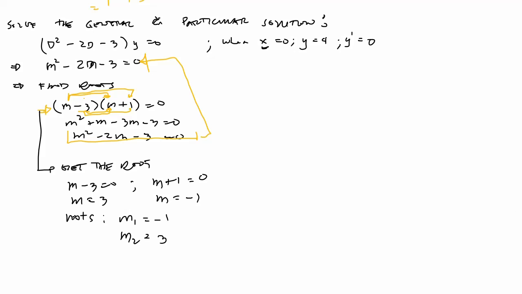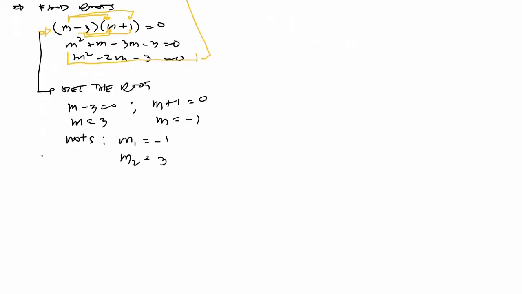Then using our case 1, our general solution is y is equal to c sub 1 e to the negative x plus c sub 2 e to the 3x, since we have two distinct real roots, negative 1 and 3.